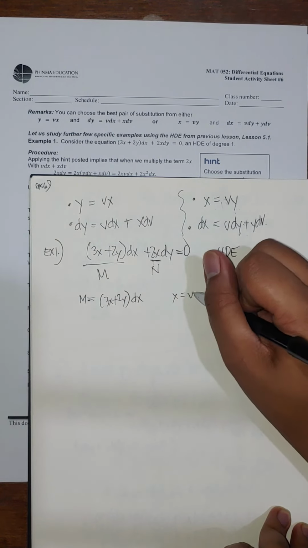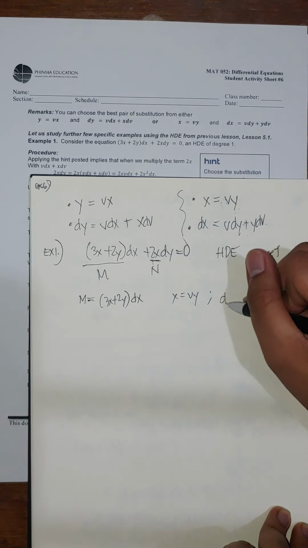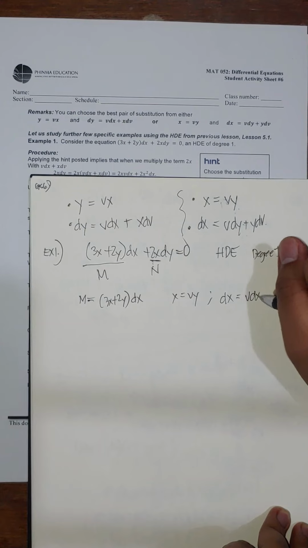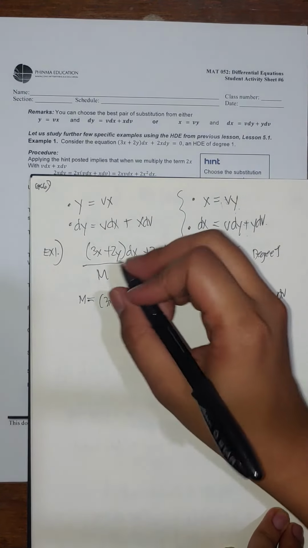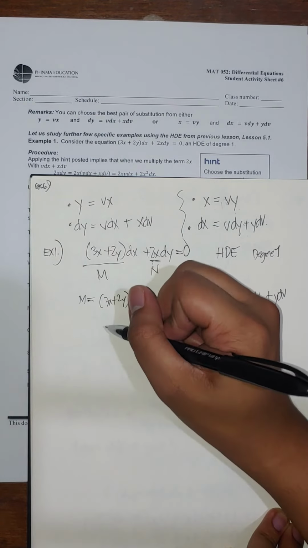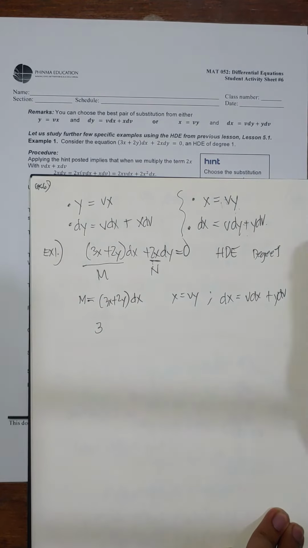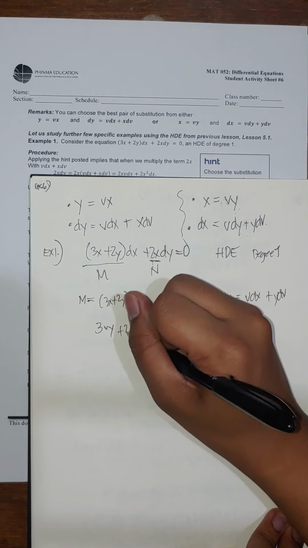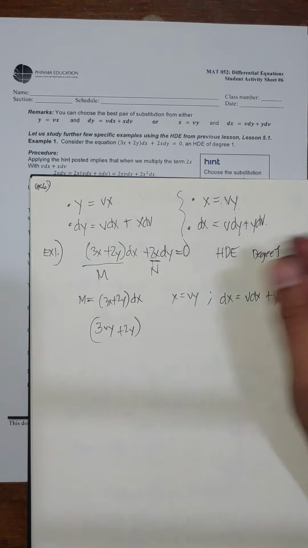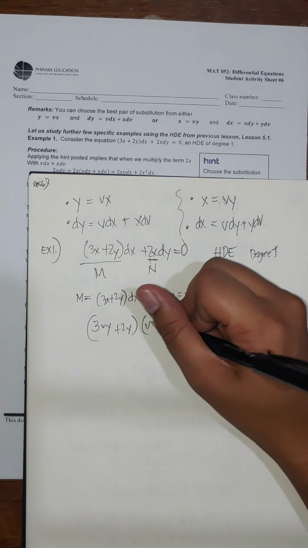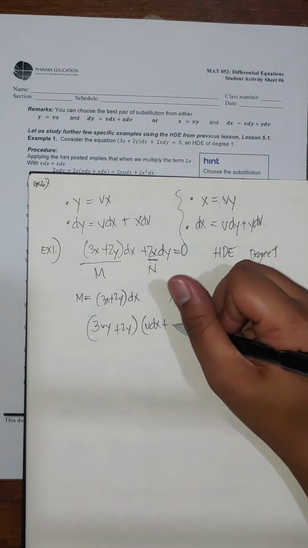Therefore, x equals to vy, and then sa ato pa si dx equal to v dy plus y dv. So, tanan x ani, substitute na to vy para usa na lang din ang variable niya na ate y. So, may mo na yung si 3x, may mo siyang 3vy plus 2y times si dx is equal to v dy plus y dv.